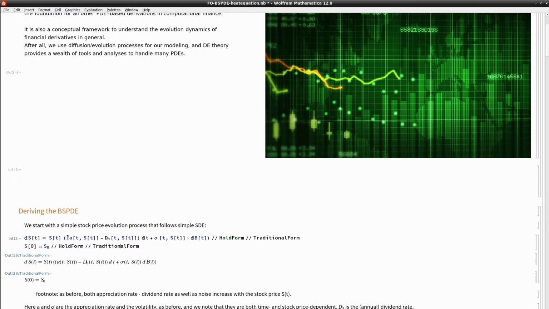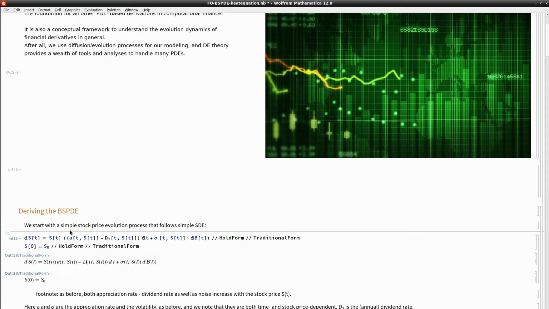And we have the appreciation rate on the right hand side, and from that we subtract the dividend rate, and I'll explain this in a moment. And we have a noise term, we have random noise here that is based on the Brownian motion differential, and we multiply this with the stock price at time t.